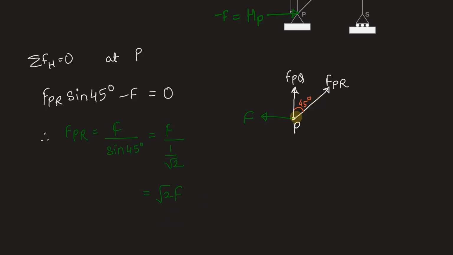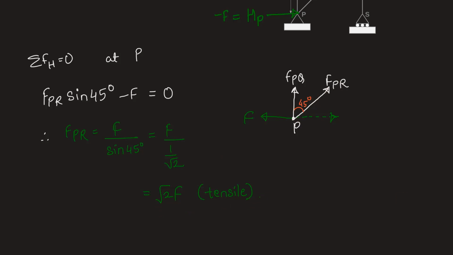As we have assumed it to be positive, that is towards the right, and we have got the answer positive, it is towards the right, that is away from the joint P. The force is away from the joint, so it is tensile. We have got our first answer: force in member PR is root 2F, tensile.